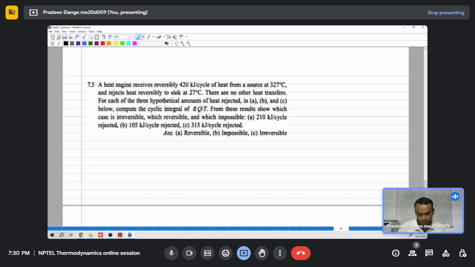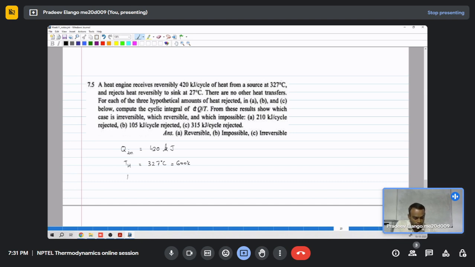For each of the three hypothetical amounts of heat ejected in A, B and C below, compute the cyclic integral of dq by T. From these results show which case is reversible, which is irreversible, and which is impossible. So the heat engine receives heat, say Q in is 420 kilojoules, at a high temperature reservoir temperature of 327 degrees Celsius, which will be 600 Kelvin.